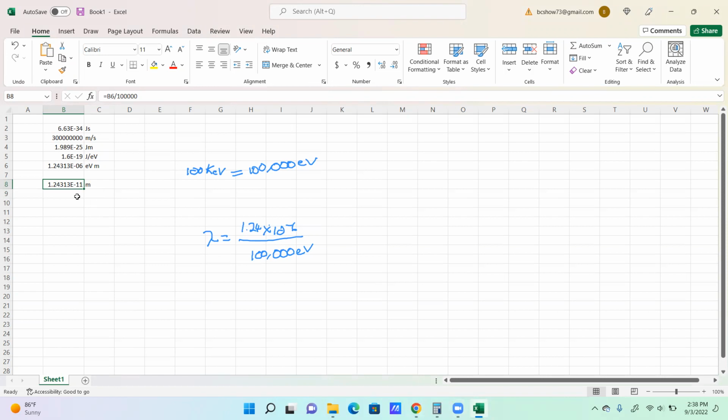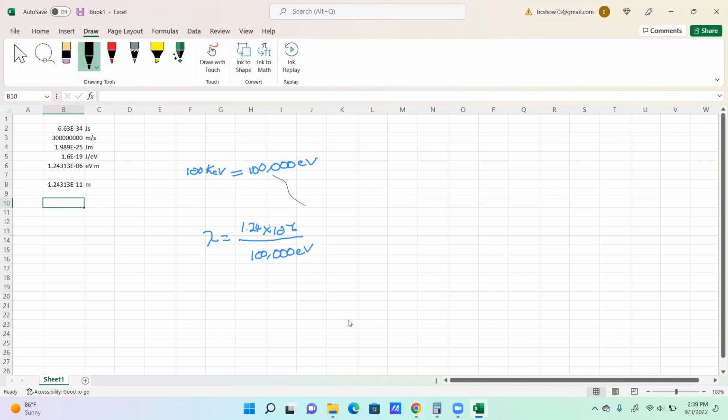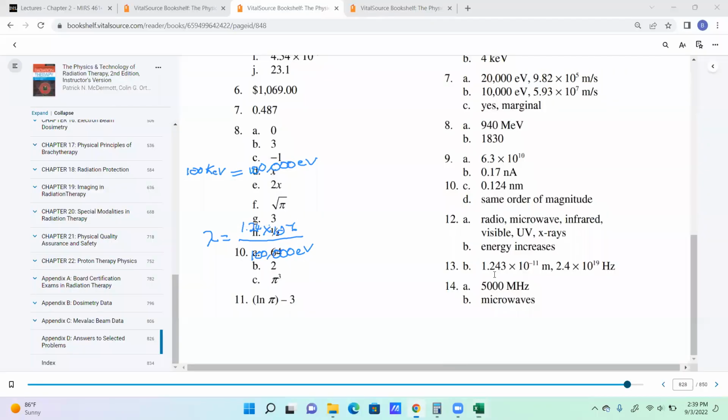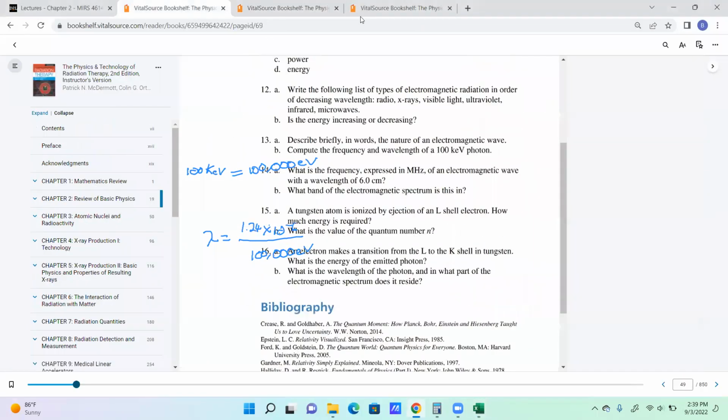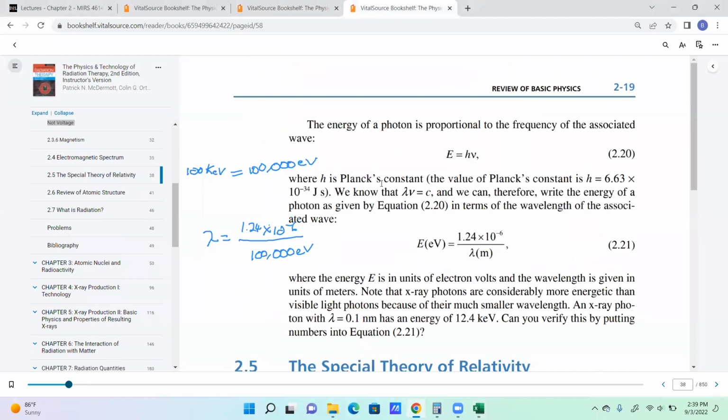So to find the frequency, I think I jumped the gun here, sorry. I'm going to take this formula, and so I can find from here that frequency is going to be equal to... Well, technically you can do this one of two ways.